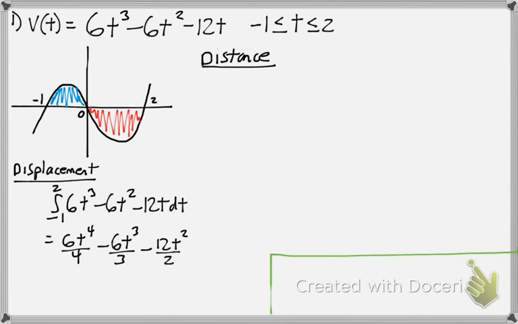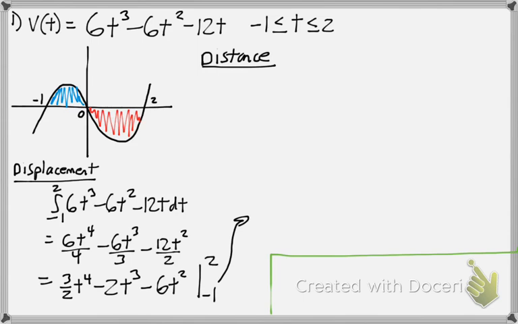And then I want to reduce that and also evaluate it. So that'll be 3 over 2 t to the fourth minus 2t cubed minus 6t squared, and that's evaluated at 2 and negative 1. So that's going to be negative 16 minus a negative 2.5, which is going to be equal to negative 13.5 meters.